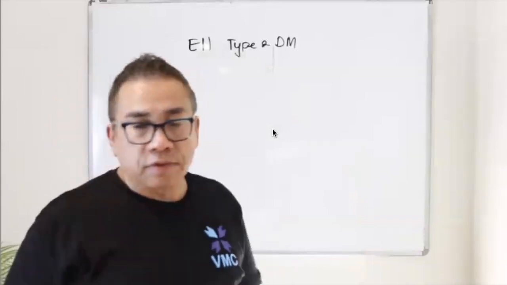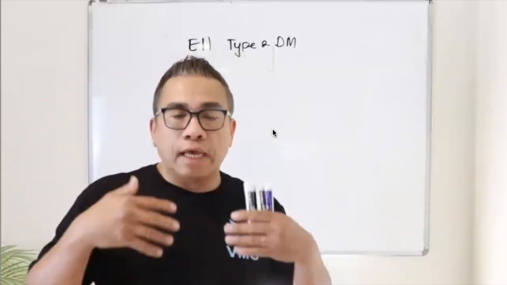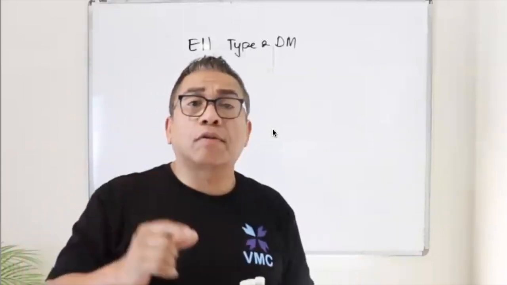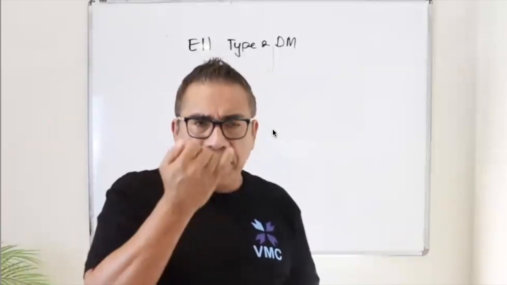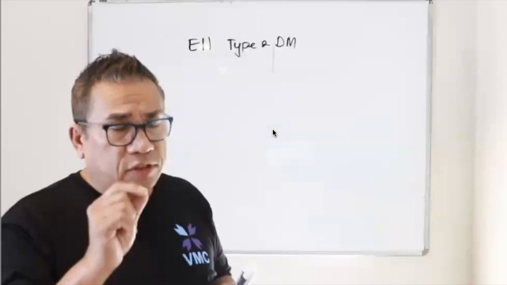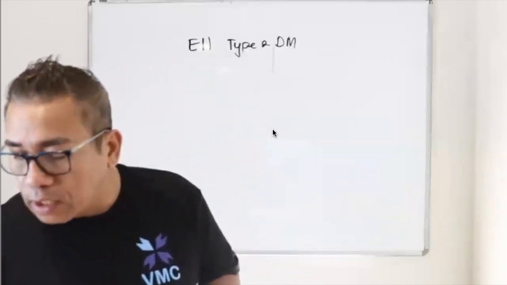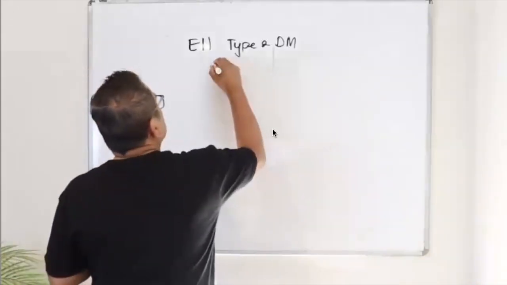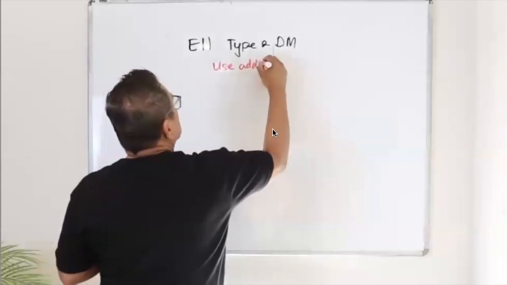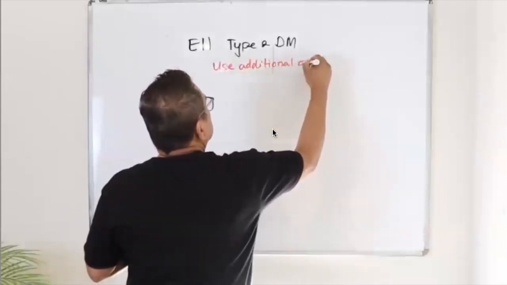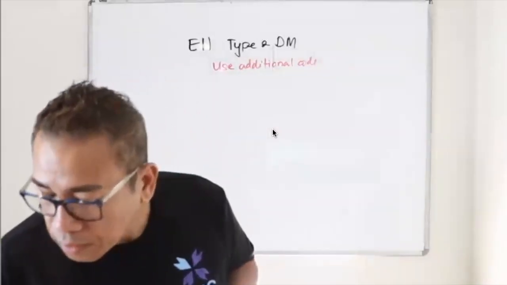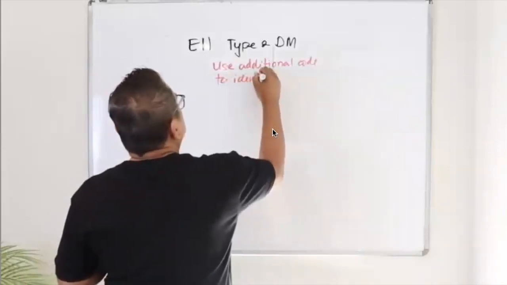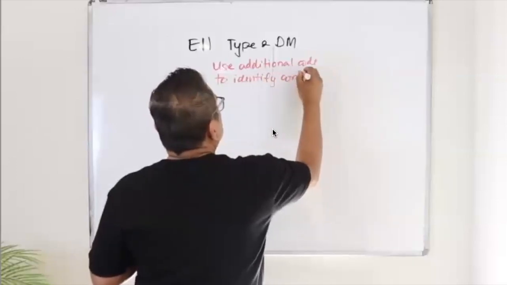Type 2 diabetes mellitus. All right, so I have already explained to you guys that those instructions are called conventions. I want you to pay attention specifically to the instructions in red font, in red print. And what are those instructions? It says, use additional code to identify control, right?